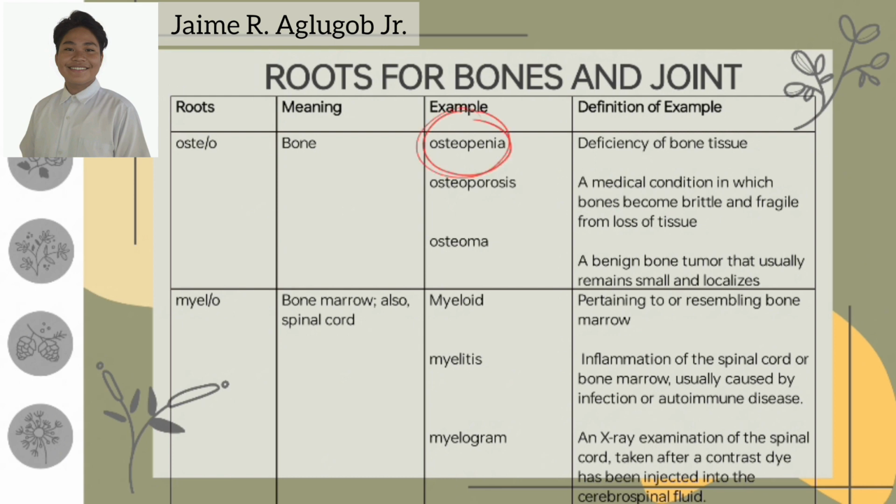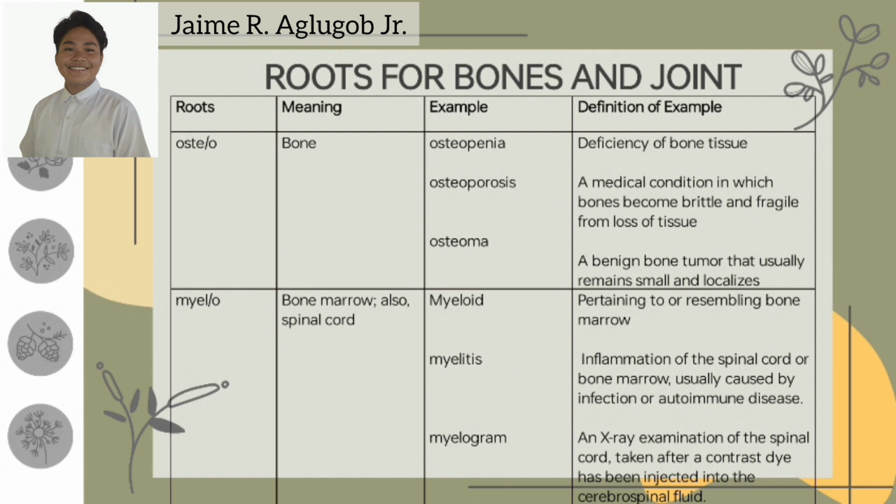Number one is osteopenia. From the word osteo meaning bone, and penia meaning deficiency or decrease. The definition of osteopenia is the deficiency of bone tissue.